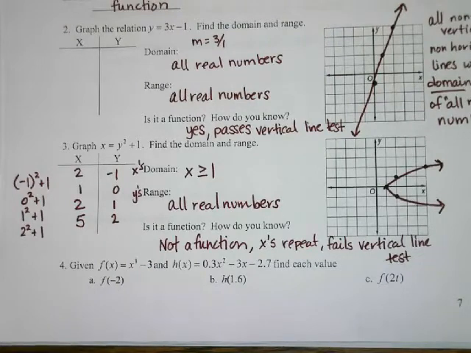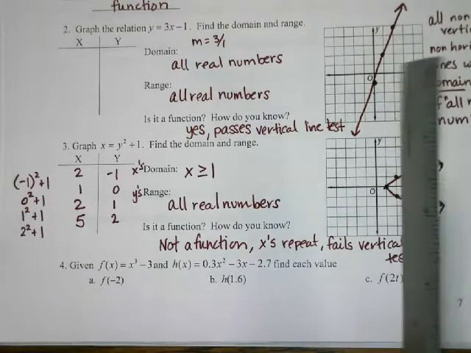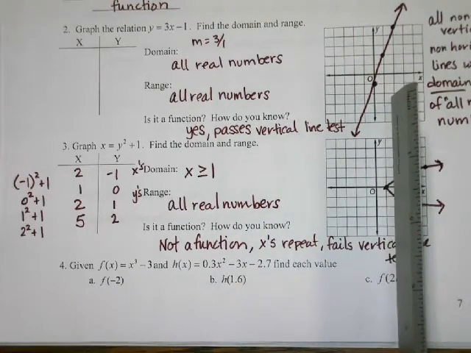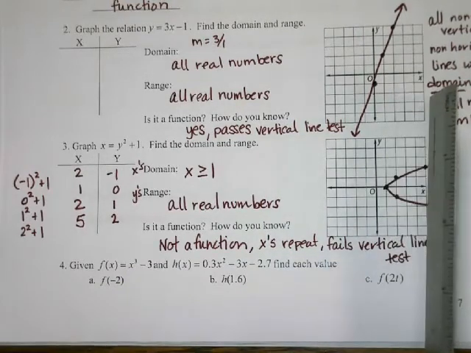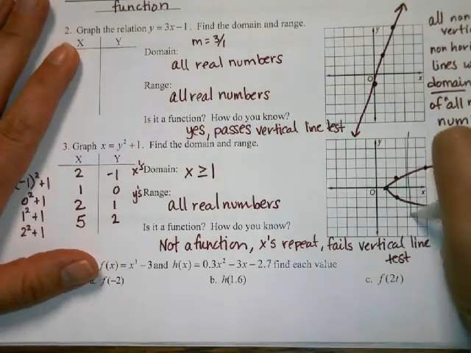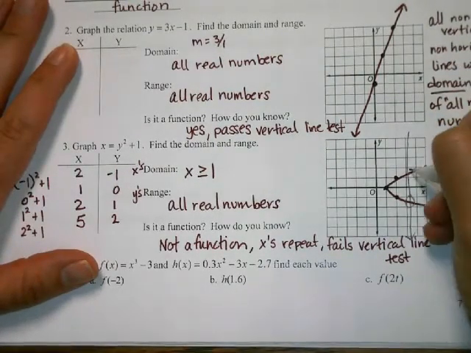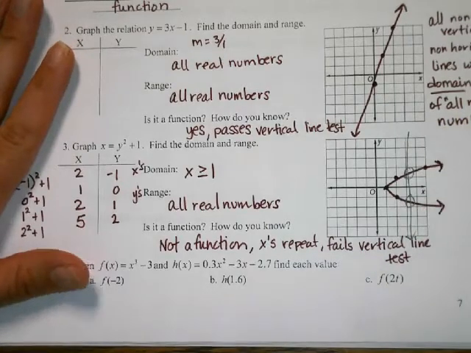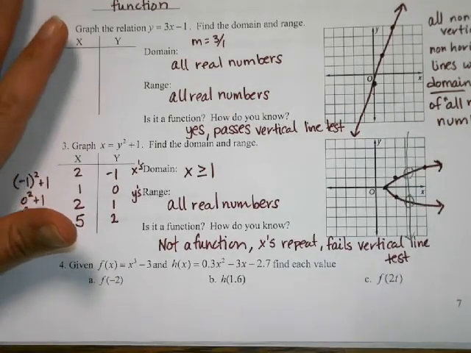Questions on any of that? How does it fail the vertical line test, Colden? Anytime I draw a vertical line. So if I were to draw a vertical line right here, I touch my graph there and there. The vertical line test says I can only touch it once.